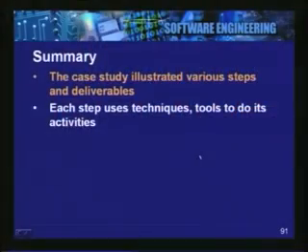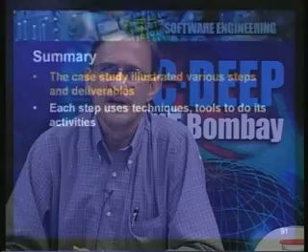So, our case study has illustrated these different steps and different deliverables. As we have seen, the different steps use various techniques and tools, and they are very usable, and they ensure that by applying those techniques we achieve the goals of engineering a good solution. So, we have identified some of these techniques as we went through our case study.